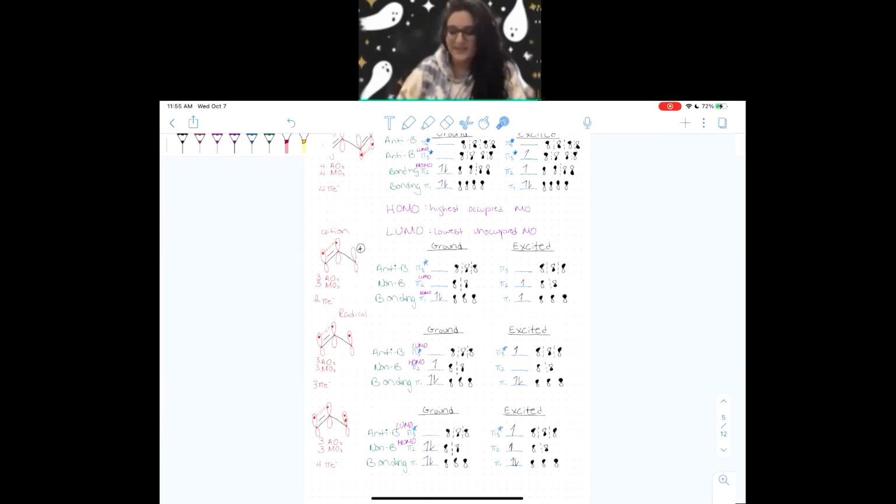And then on the exam, you don't have to draw this whole thing out. Just be able to, if you need to, recognize that these 3, the cation, anion, and radical, have 3 molecular orbitals, and the diene has 4. And then just be able to put the electrons in their appropriate energy level if you do need to draw it out.